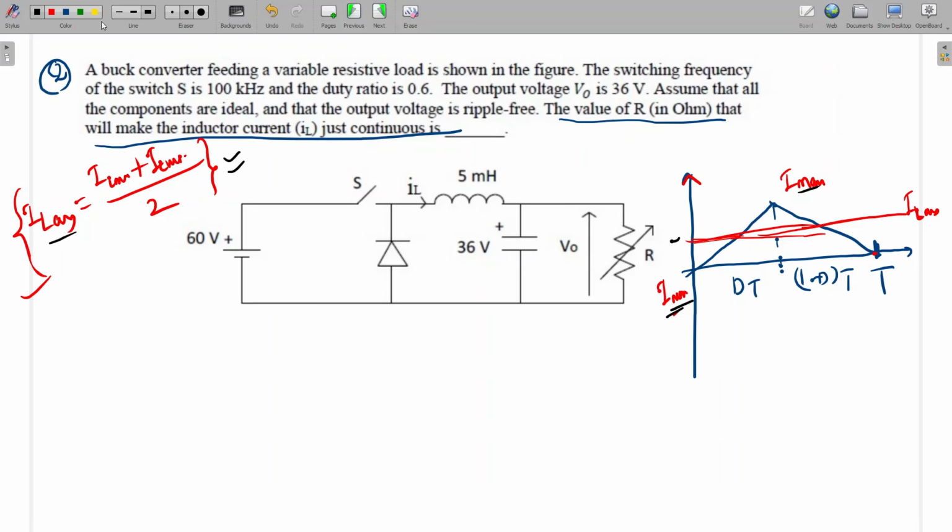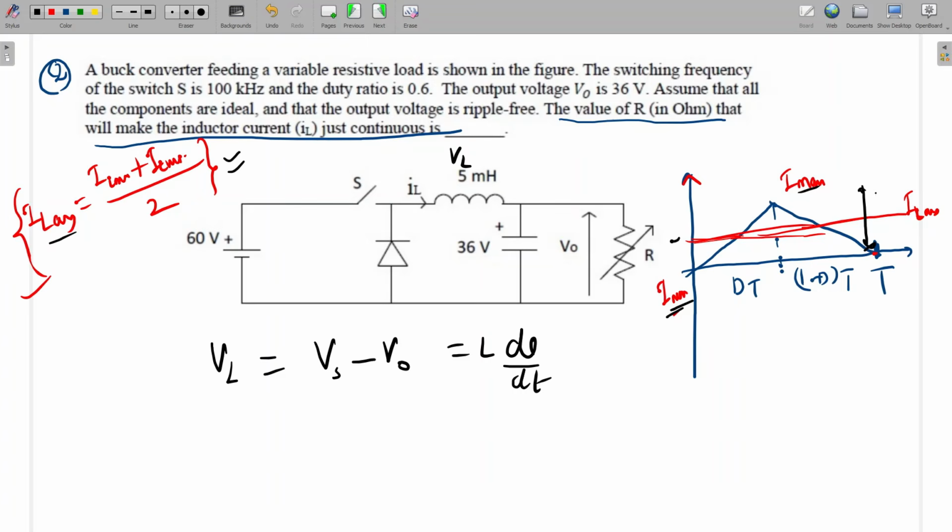Okay, let's see. Here we can apply this in the on condition. What will be the inductor voltage? It will be source minus output. This is the VL, so L dI by dt. We can apply this slope here.